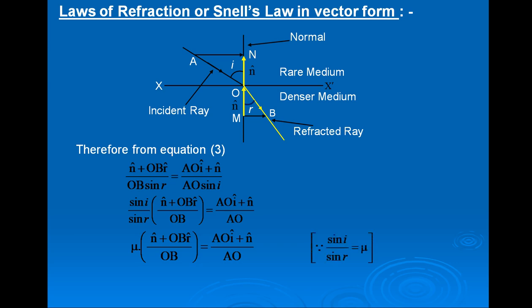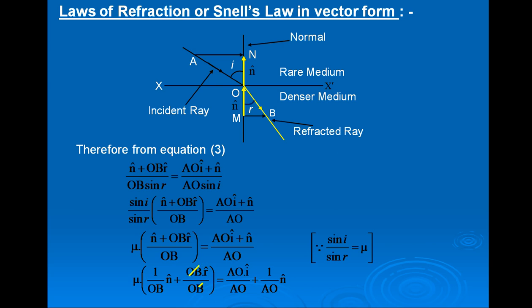Because sin I upon sin R is equal to mu, the refractive index of the denser medium with respect to the rare medium, or by rearranging, we get mu into the bracket 1 upon OB into N cap plus OB into R cap upon OB is equal to AO into I cap upon AO plus 1 upon AO into N cap.